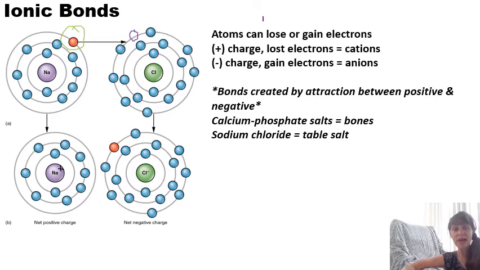The atom that lost an electron becoming positively charged is now referred to as a cation. Cations have a positive charge. The atom that gained an electron, gaining negativity, is referred to as the anion. Anions have a net negative charge.